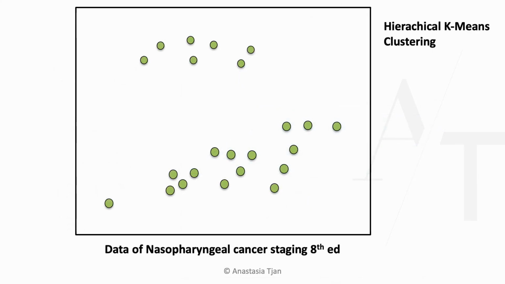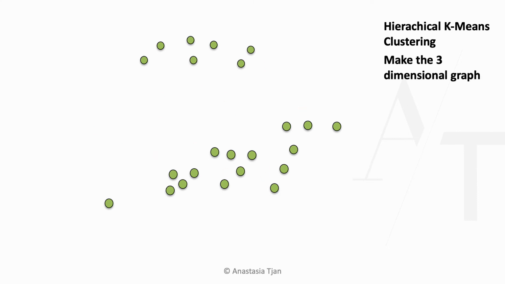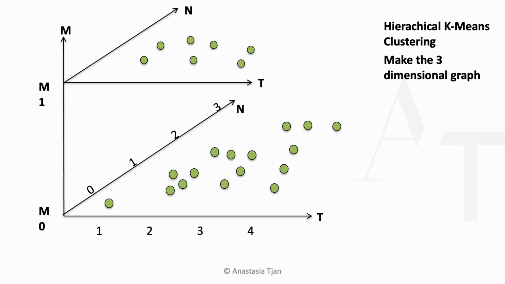Next is hierarchical k-means clustering. I'm using an example to cluster TNM stage 4 nasopharyngeal cancer based on AJCC 8th edition. The data is given in X, Y, and Z axis, which are T, N, and M. And those data will be clustered in 5 different stagings.